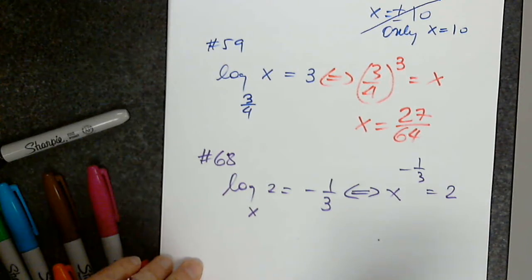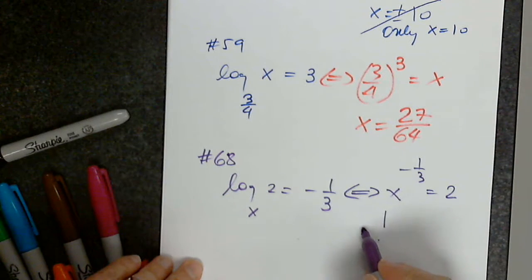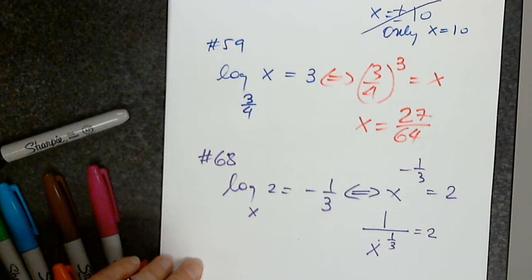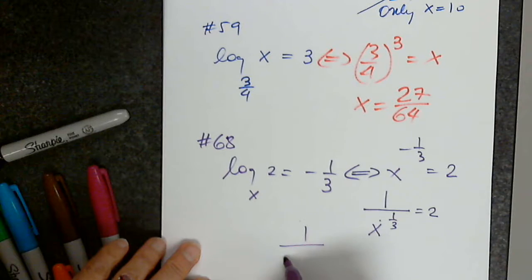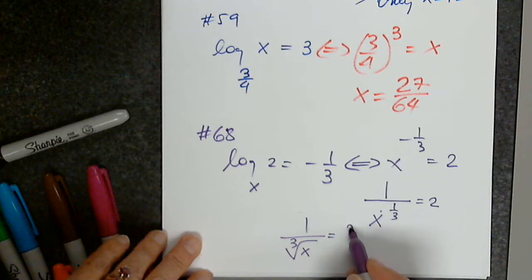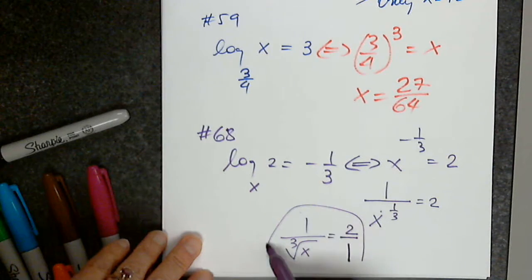Good. So what does this really mean? First of all, it has a negative exponent, so it's definitely 1 over x to 1/3. What does x to 1/3 mean? We just had a similar example. Right. So I have 1 over the cube root of x equals, and here's my hint for you, 2 over 1. What is this?